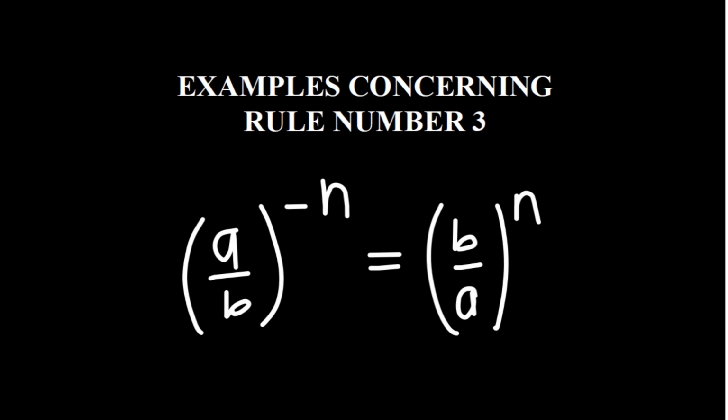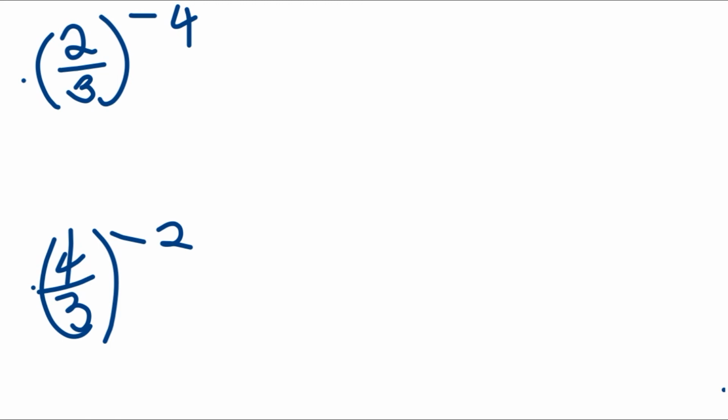Let's say, for example, you have 2 over 3 raised to a negative exponent of 4. If you want to write that as a positive exponent, that will be 3 over 2, and then you raise it to a positive exponent of 4. So that's how simple it is to convert a negative exponent to a positive exponent.